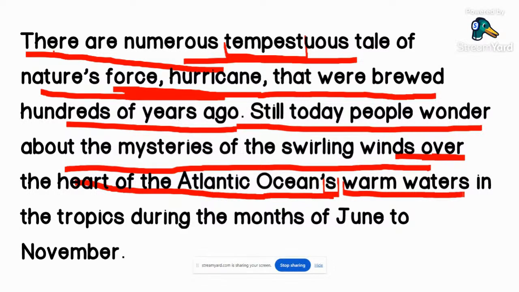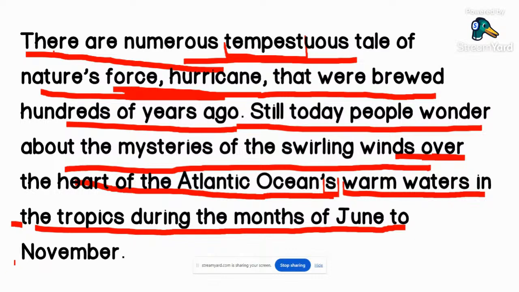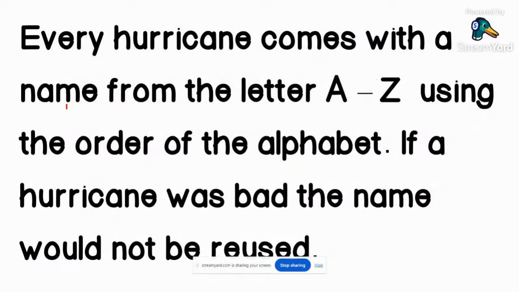Warm water in the tropics during the month of June to November. Good. So that was really good. However, whenever there's an apostrophe S, always be careful to make sure that you say your S sound. So oceans. Definitely. All right, let's keep going.